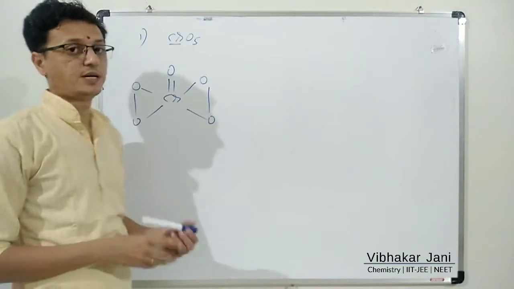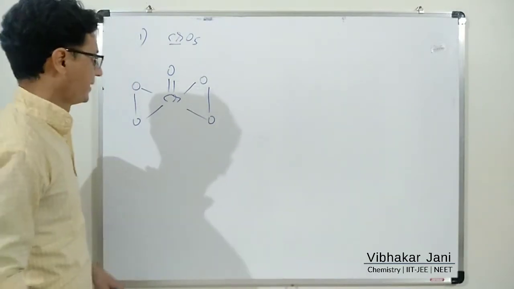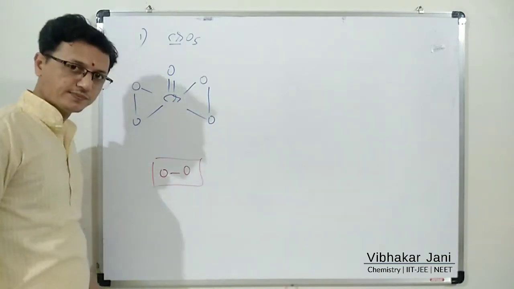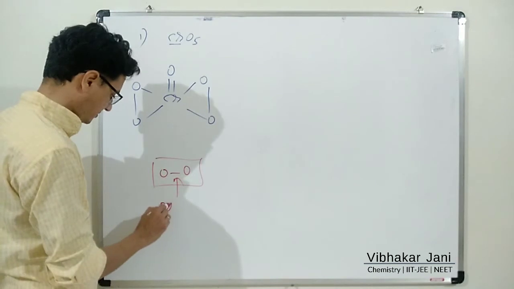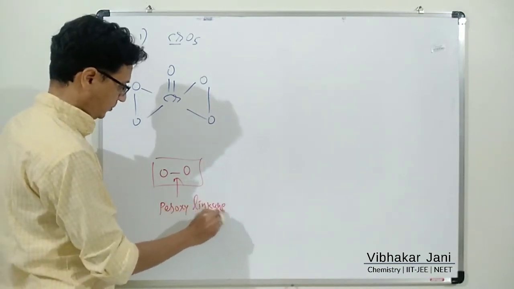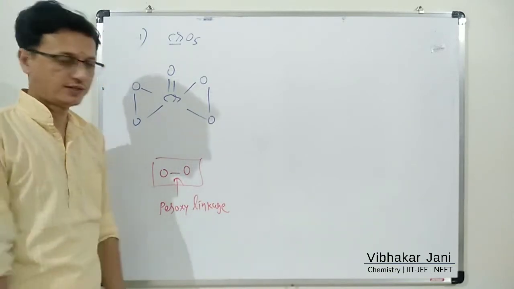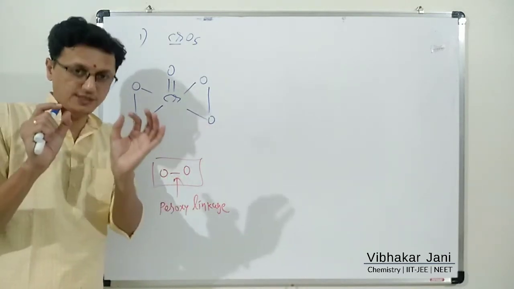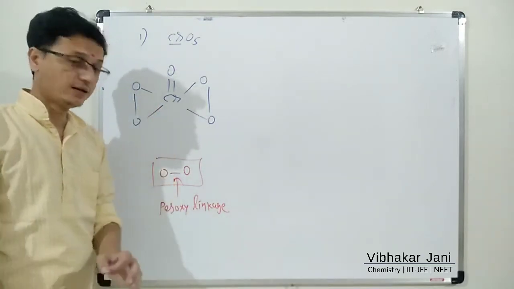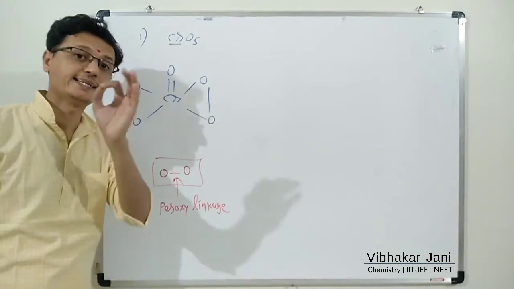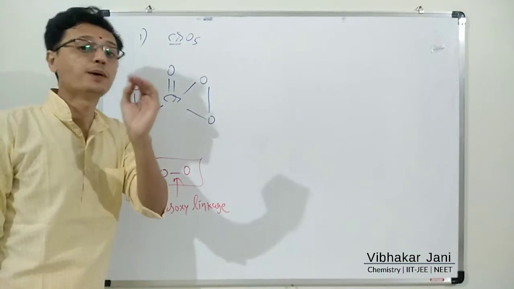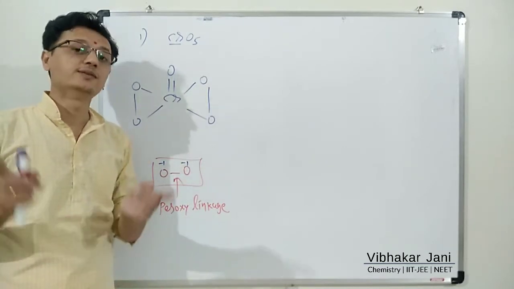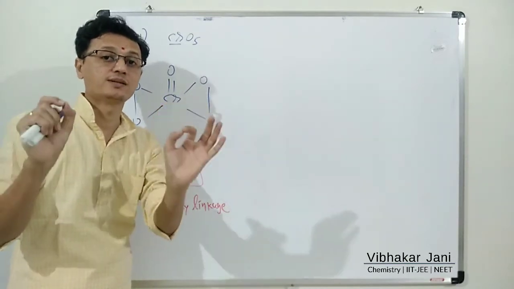One new thing: if in any structure you see O single bond O, that is, 2 oxygens attached to each other by a single bond, then such a linkage is known as a peroxy linkage, and the oxygens in a peroxy linkage have a -1 oxidation state.